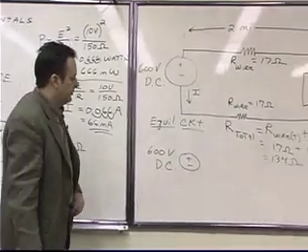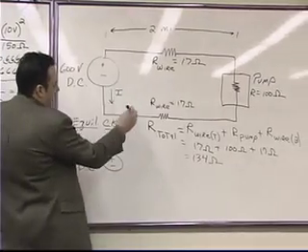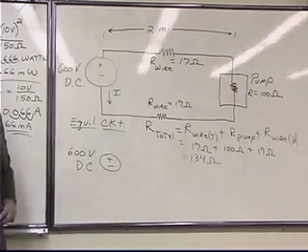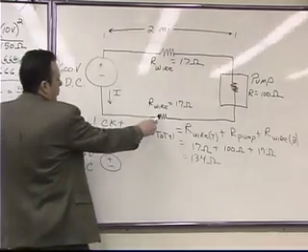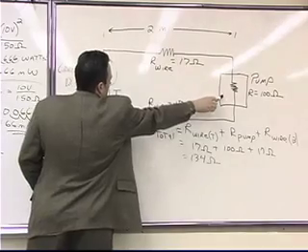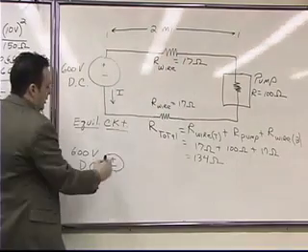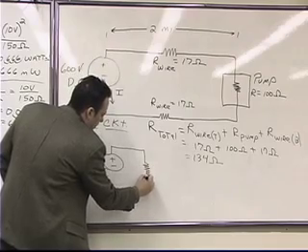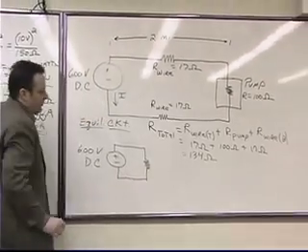And rather than having three individual resistors representing one piece of wire, the pump, and another piece of wire, we are going to have one single resistor which represents all of them.